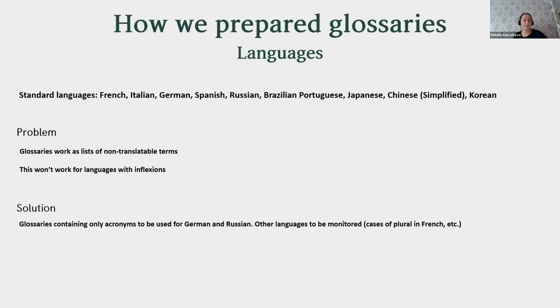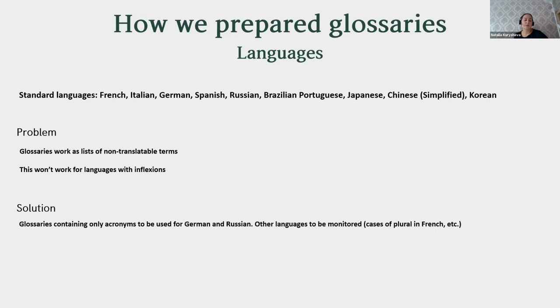But we encountered a problem with glossaries. The situation is that glossaries work like a list of non-translatable terms. Basically, it picks up a term from a glossary and inserts it in the target context without changing the form. So this won't obviously work for languages with inflections, right, which have different forms.